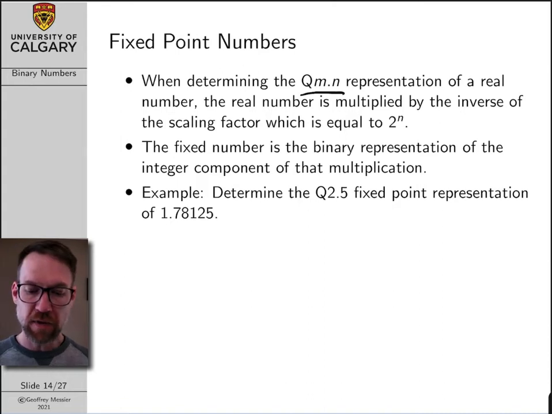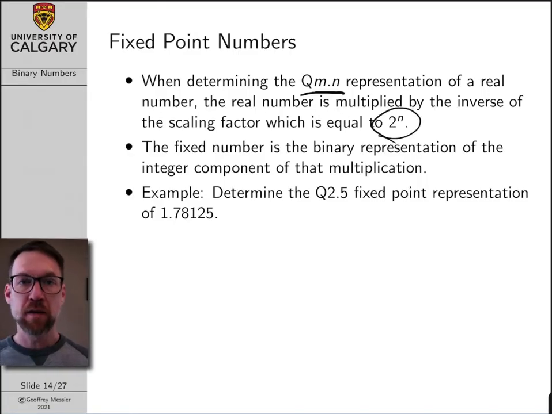So if we have n bits assigned to represent the fractional part of the fixed point number, then we multiply our real number by 2 to the n. Then our fixed point number is just the integer portion of the result of that multiplication.